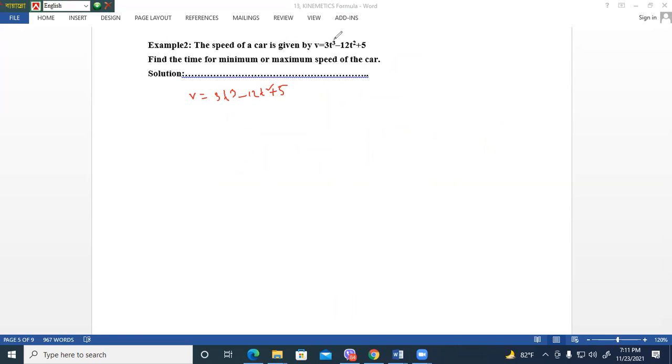It's better to write this one, this should be plus 5t. So I think I've changed the equation now, right? What's given here?